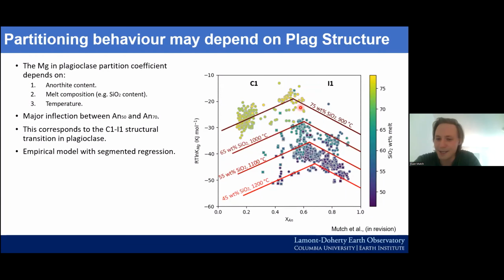If I plot up some model curves from our model, it highlights this change in behavior quite nicely. You can see the position of this transition will change depending on the temperature, but we can generally see this inflection, this change in behavior.